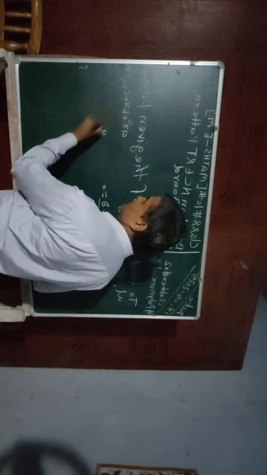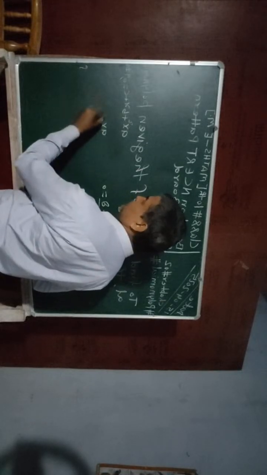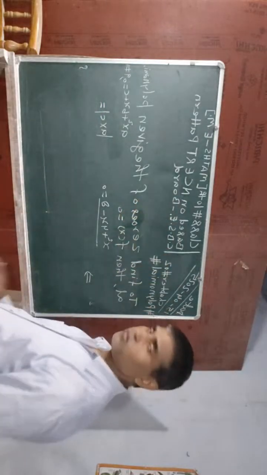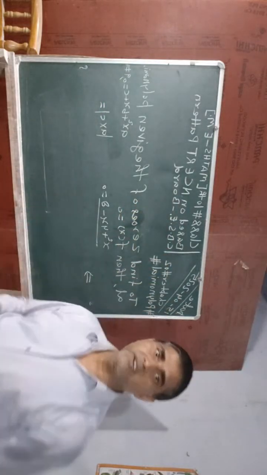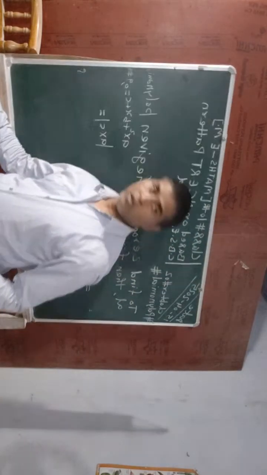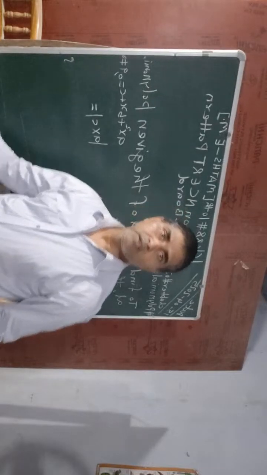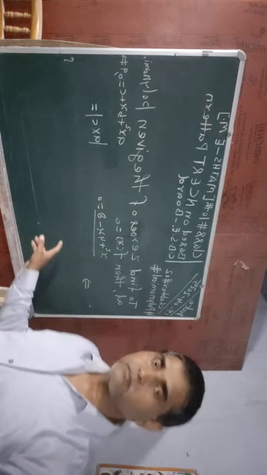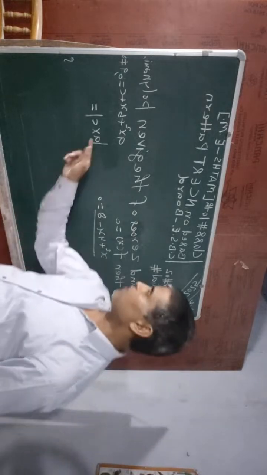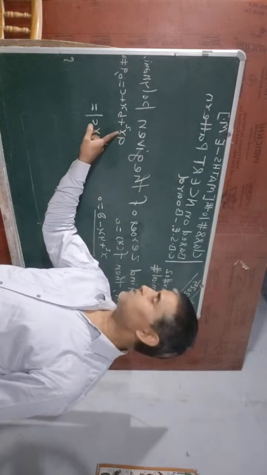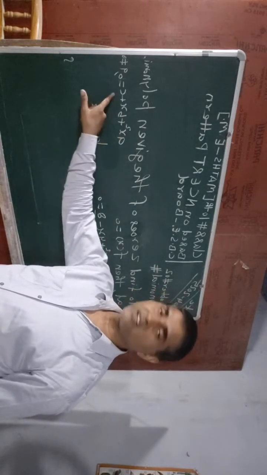Now to factorize this, I will take the multiplication of a into c, and I will take its mod value. I will take the value of a, which is the coefficient of x square, and the value of c, which is the constant term.